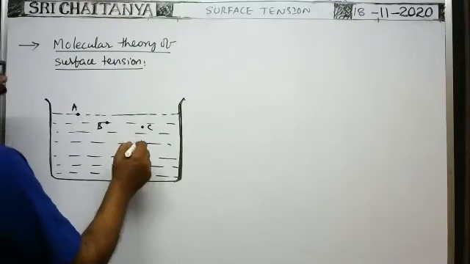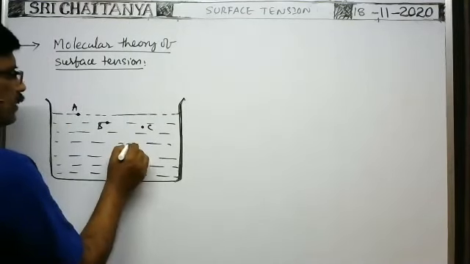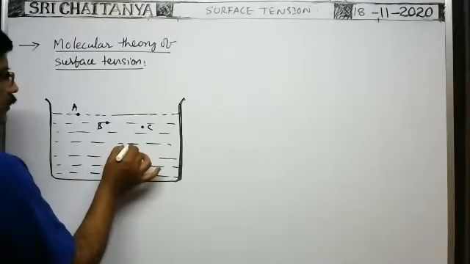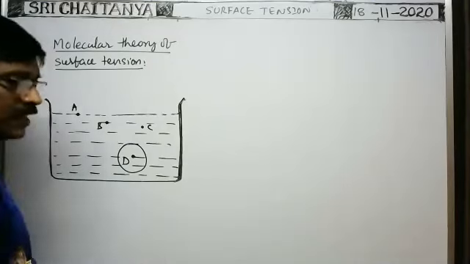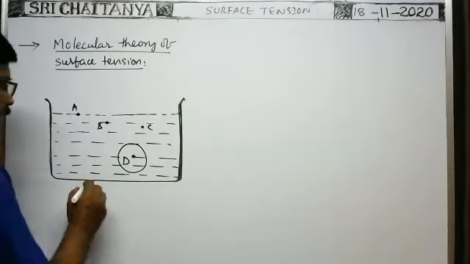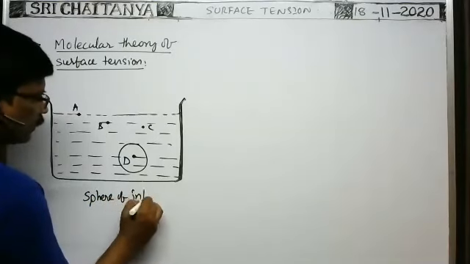By taking the molecular range of attraction as the radius, you imagine a sphere of influence with the molecule at the center. This is one sphere of influence.